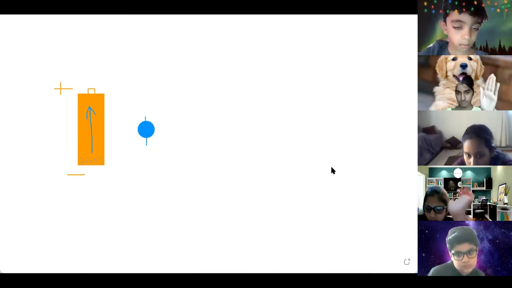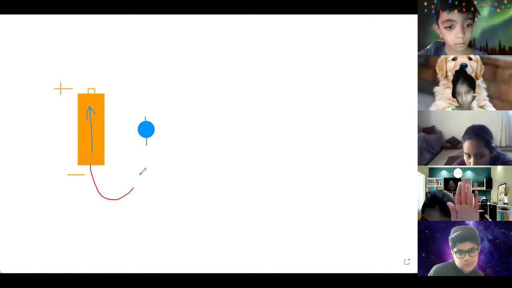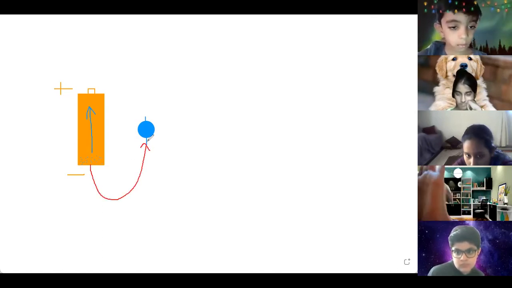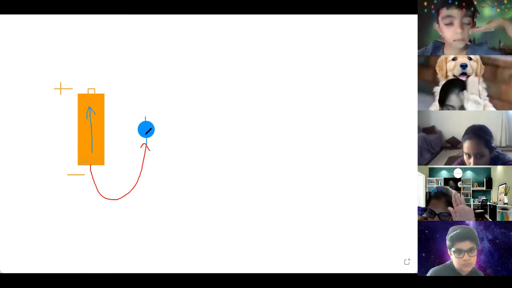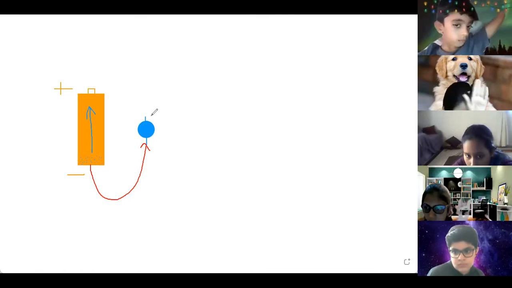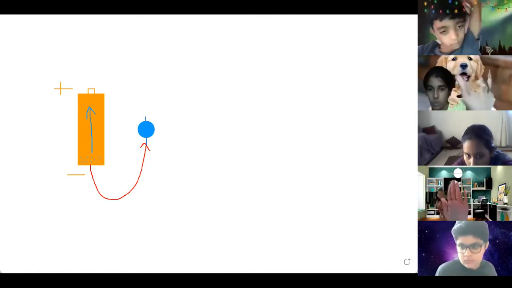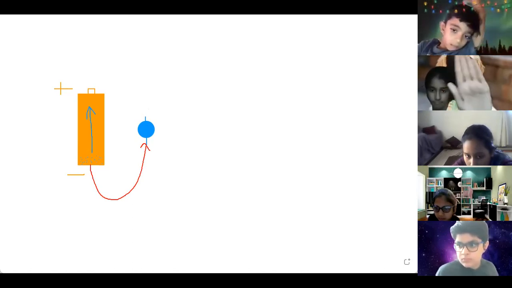And now I'll use the cable to connect this. So electrons will start traveling from this side to this side and reach here. But now when they reach here, they are stopped because there is no path further. So the buzzer won't work because the electrons are not moving ahead.